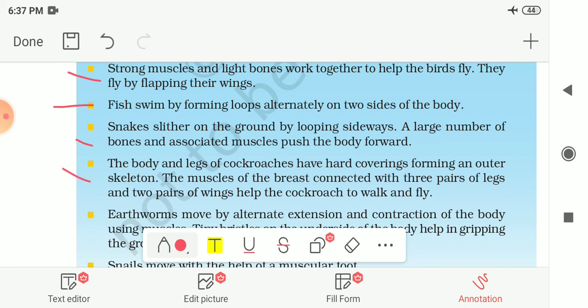The body and legs of cockroaches have hard coverings forming an outer skeleton, and the muscles of the breast connected to the three pairs of legs and two pairs of wings help the cockroach to walk and fly.